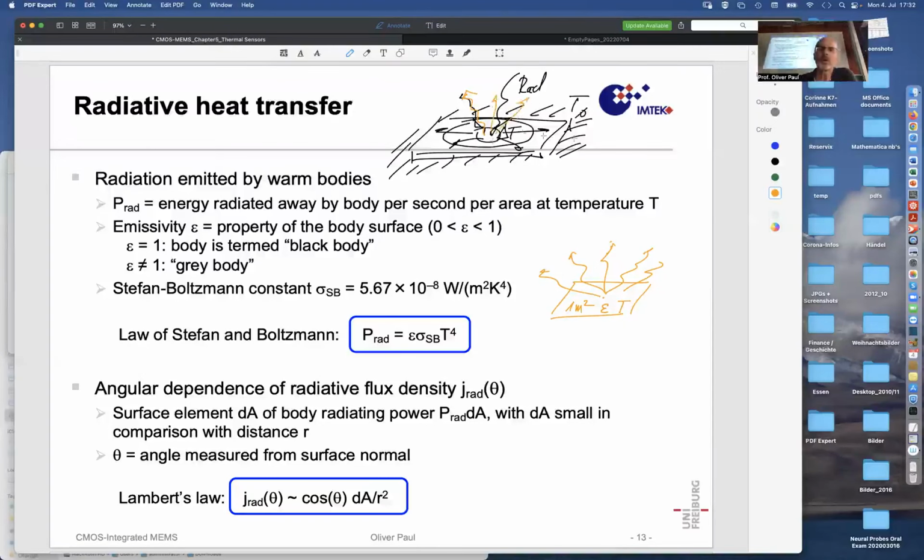So it not only loses energy by conduction through the solid materials or through the surrounding gas. There is heat loss through the gas to the bottom, to the upper side, but it also radiates heat away. The design of a thermal sensor always has to consider whether this phenomenon is important or not. Larger structures are more sensitive to this radiative heat transfer. Very small structures may not.